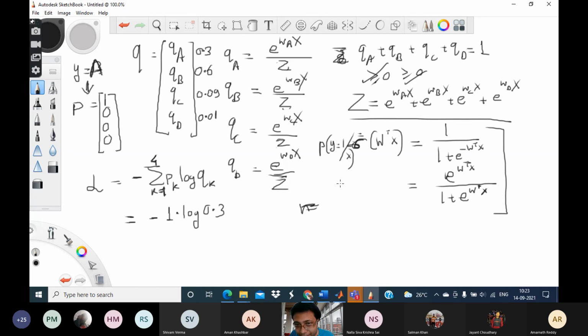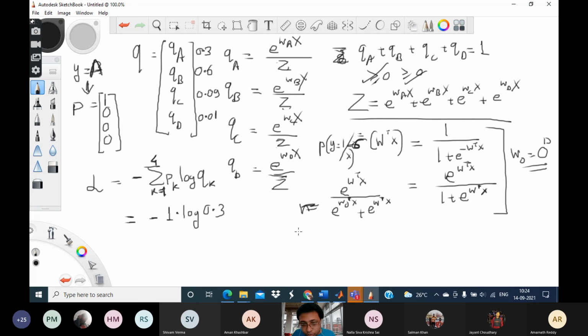I write it as e to the power w transpose x by e to the power w naught transpose x plus e to the power w transpose x, where w naught equals the d-dimensional 0 vector. You can convince yourself that if w naught is indeed the 0 vector, then this is the same as the earlier expression.